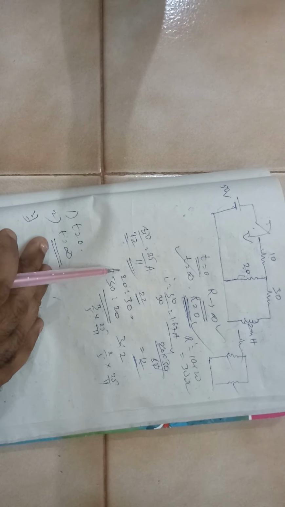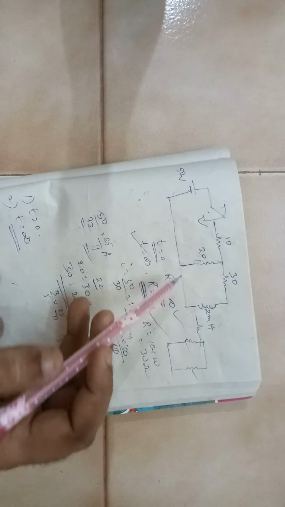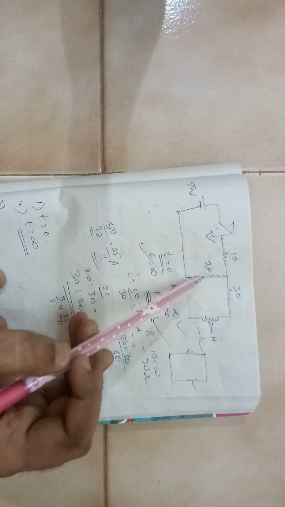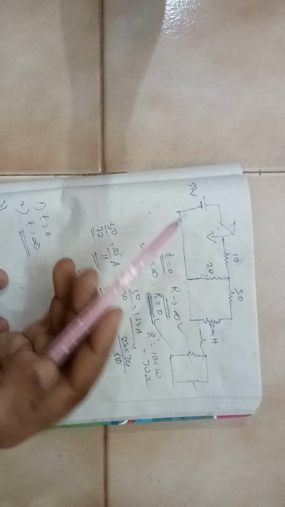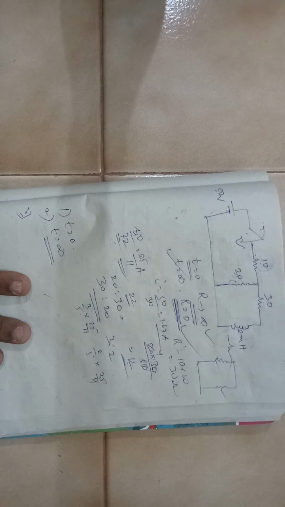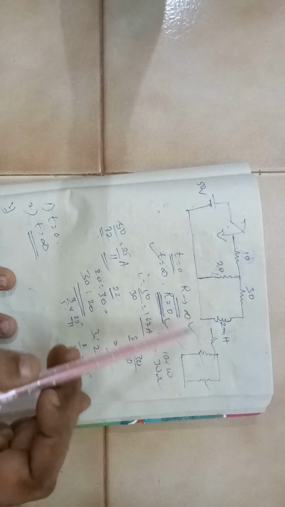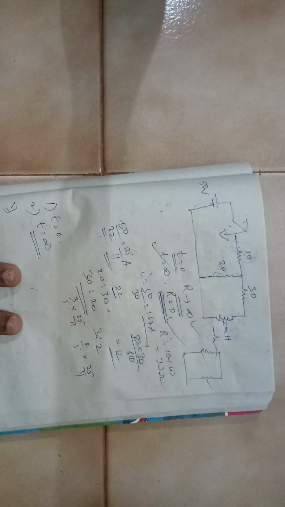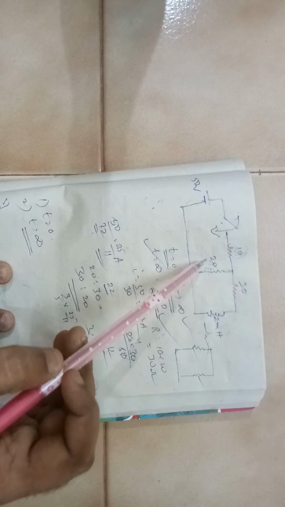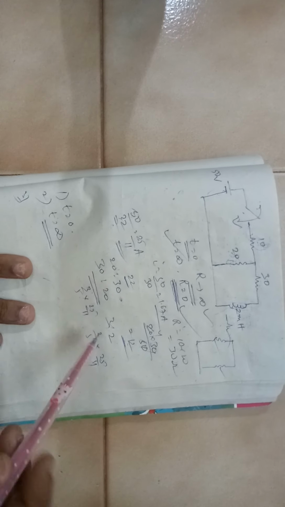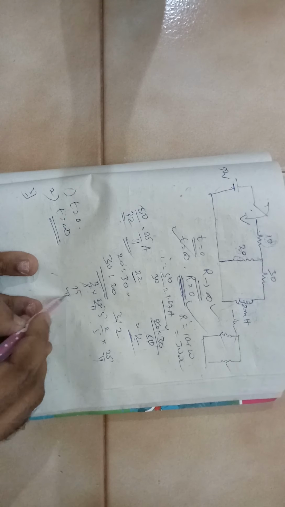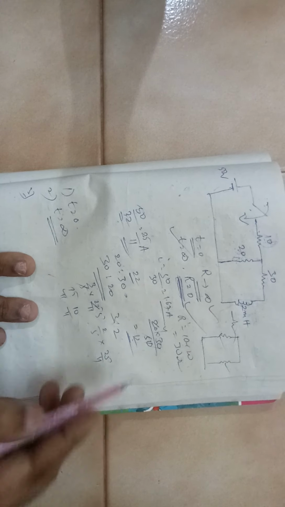When you reopen it, in the 10 ohms, R1, R2, R3 let us say, there won't be any current passing through, but this inductor for some time will behave like a battery because it has got its own EMF. So the current in 20 and 30 will remain the same, that is 15 by 11 and 10 by 11.